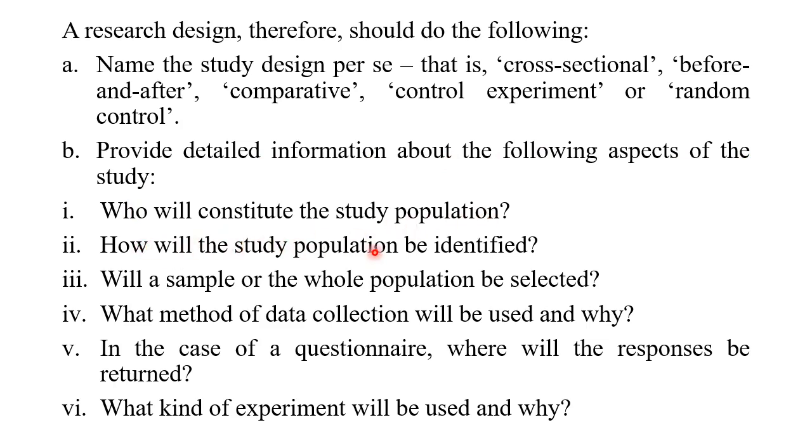How will the study population be identified? Will a sample or the whole population be selected? What method of data collection will be used and why? In the case of a questionnaire, where will the responses be retained? What kind of experiments will be used and why?